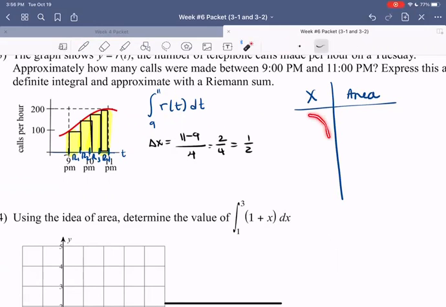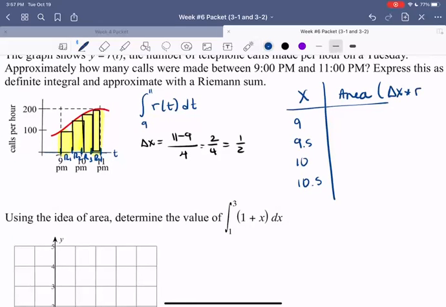I encourage you to pause the video and fill in that first column. So if we fill that in, we'd have 9, 9.5, 10, and 10.5. Then the areas, well, the area again is going to be change of x, the width, times the function output. So r of, and I shouldn't be using x's here actually. Good catch, everyone. I should be using t's.